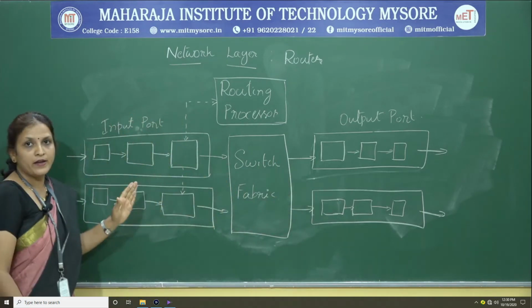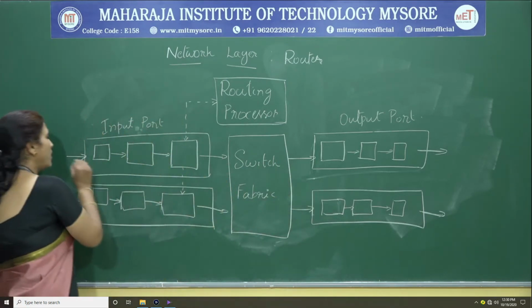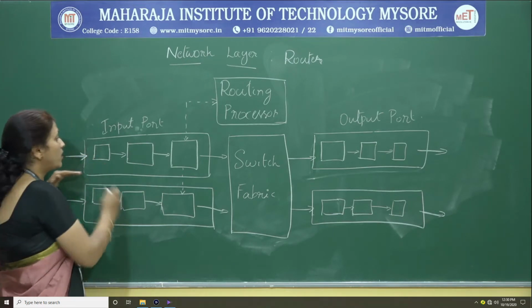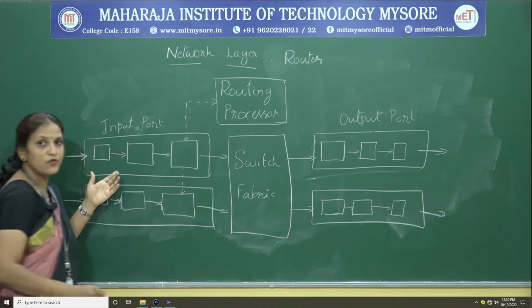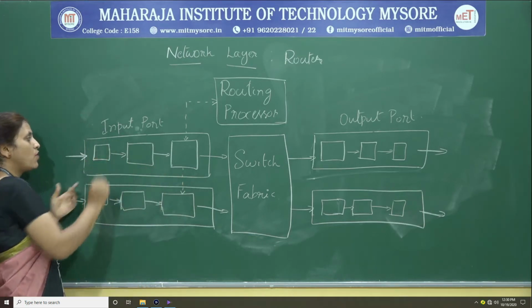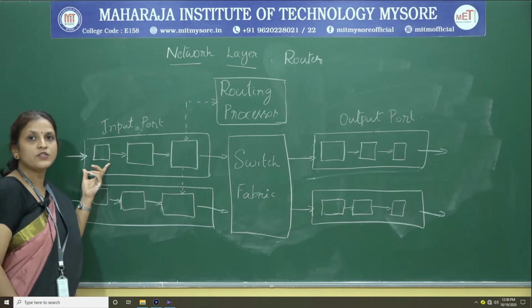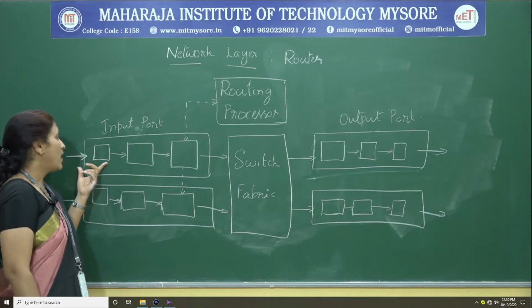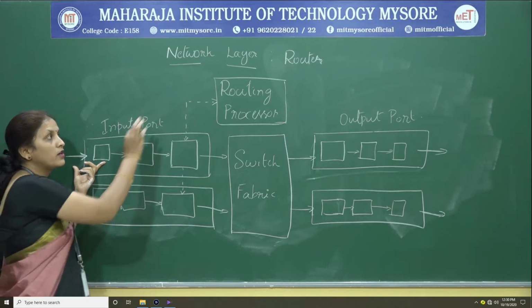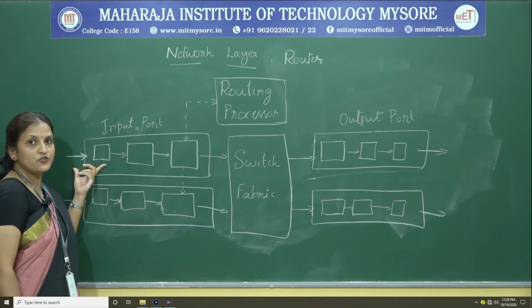A data packet or datagram enters the router through the input port. Here we have three boxes, three stages or functionalities that happen. In the very first box, the functionalities with respect to the physical link happen.